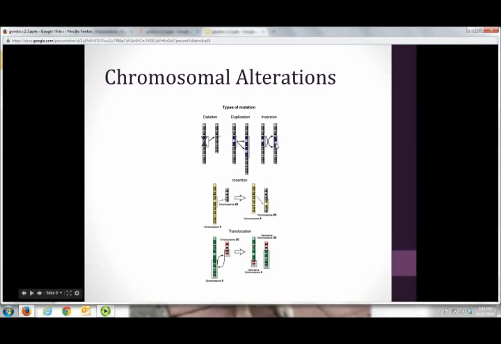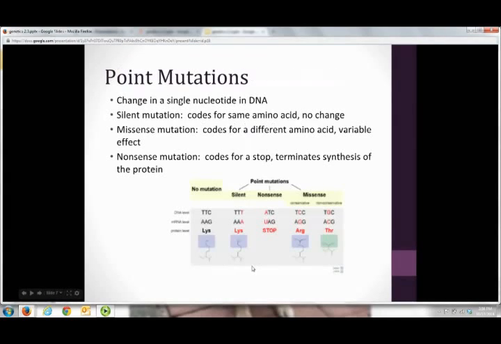It comes out, turns around, and goes in the opposite direction. With the insertion, you have part of the chromosome come out and it inserts onto another chromosome. And then with the translocation, you have this region that comes out and it will attach to a different non-homologous chromosome.